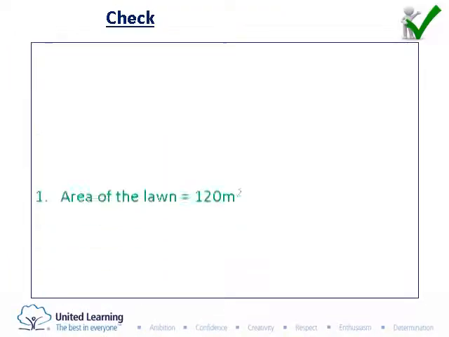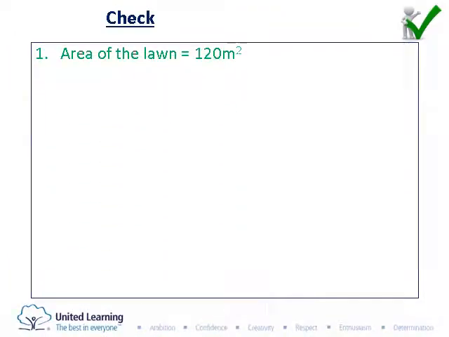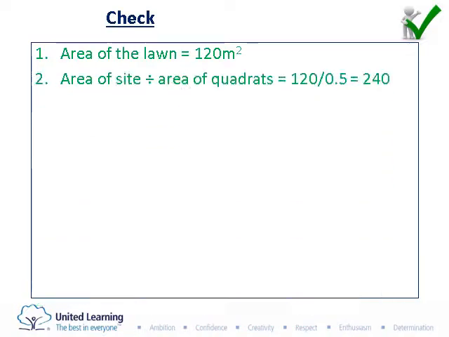So, like I said, your area was 12 times 10, which gives you 120 metres squared. Your quadrat size was given for you, it was 0.5. So you do your area of your site divided by the area of your quadrat, which gives you 240. And we save that multiplier until we've calculated the mean. The mean number of thistles per quadrat, you should have done 15, which was adding all the figures together, and then you divide by 10 because we had 10 figures.